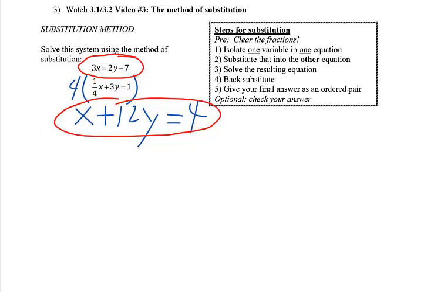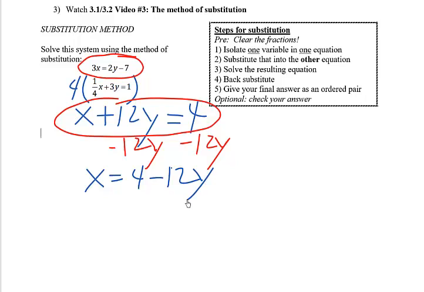So we'll go ahead and isolate that x by subtracting 12y on both sides. And that equation now becomes x equals 4 minus 12y.